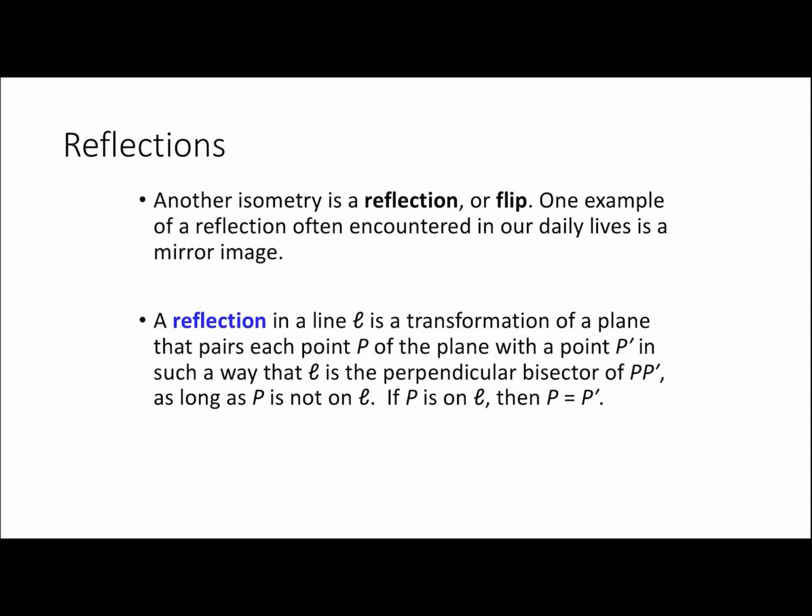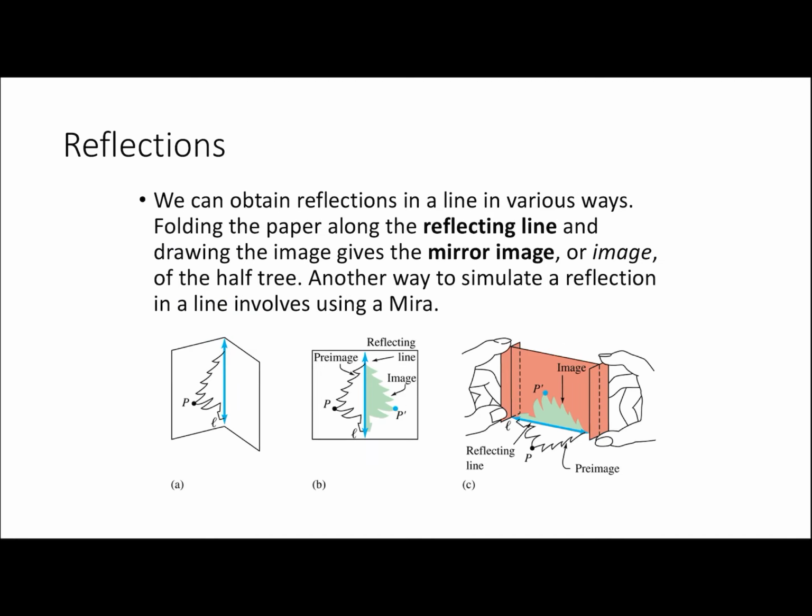Okay, so L is a perpendicular bisector of that segment between P and P prime. And we're going to make that make a lot more sense in just a minute as we look at some examples. So, how do we go about making a reflection?